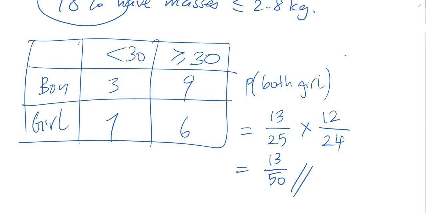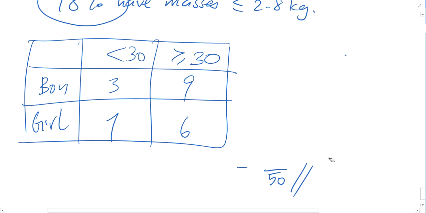Next part, part B. Probability that they are both aged 30 and over, and only one girl, or only one baby boy. This table over here is very useful for us to answer this question. You can see it's only 2 marks. It does not require a lot of effort.